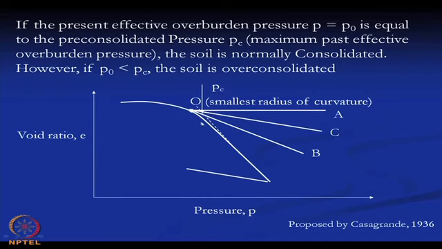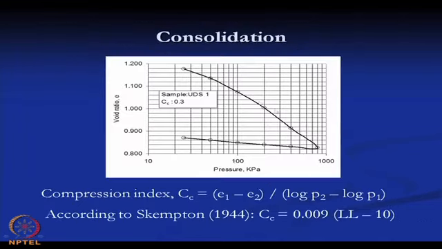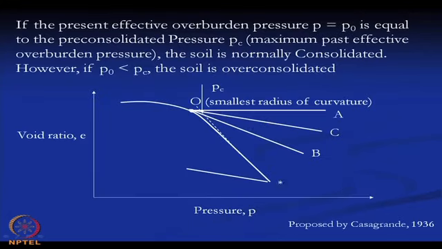Now, this is a typical loading path and this is the unloading path. From this loading path we have to identify a point O which has the smallest radius of curvature. From here we can get the different curvature. Now, we will get a point O here which has the smallest radius of curvature.